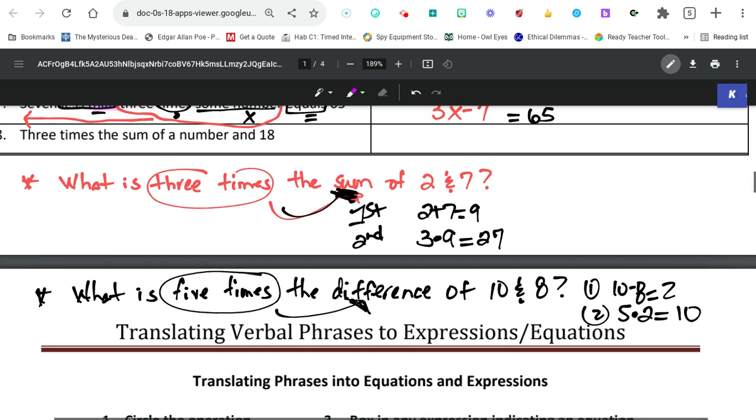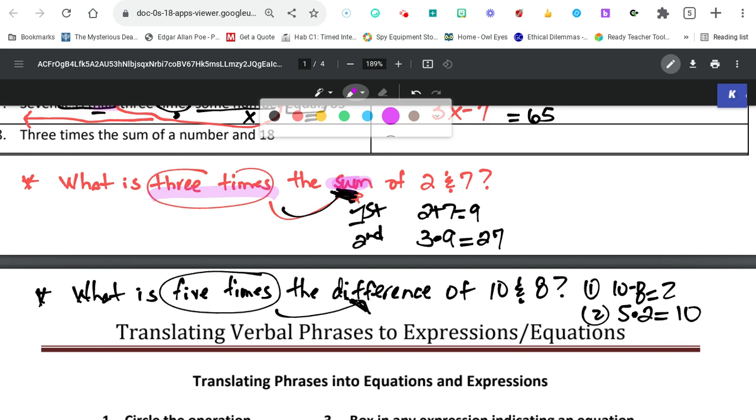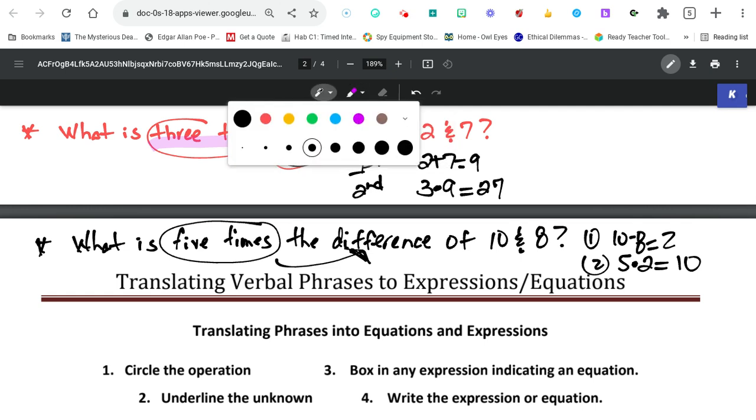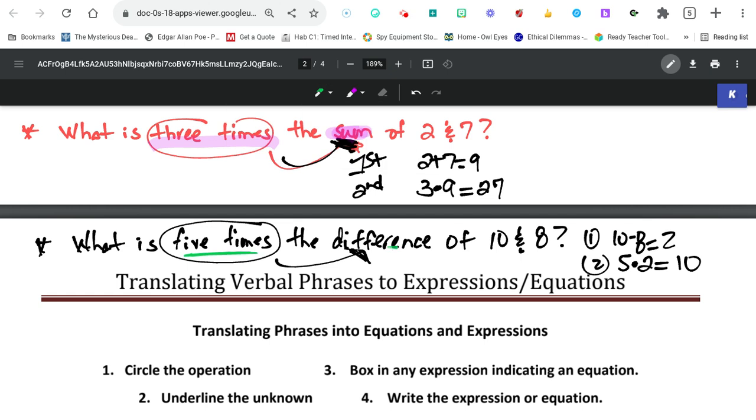So what I'm trying to show you here is that when you're multiplying a sum or a difference, I'm gonna have to use it this way. When you're multiplying a sum or a difference by 5, or you're multiplying this sum by 3, whatever, it doesn't matter.